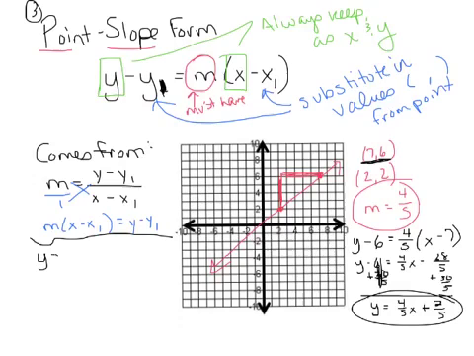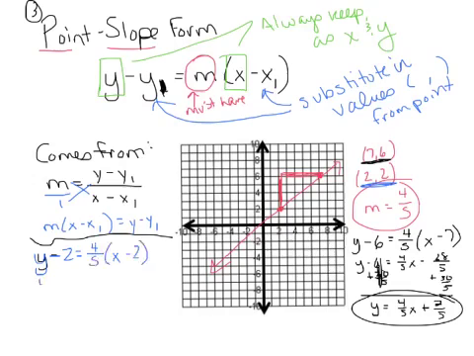So let's go ahead and set it up. y minus 2 is going to equal the slope of 4/5 times x minus 2 as well.